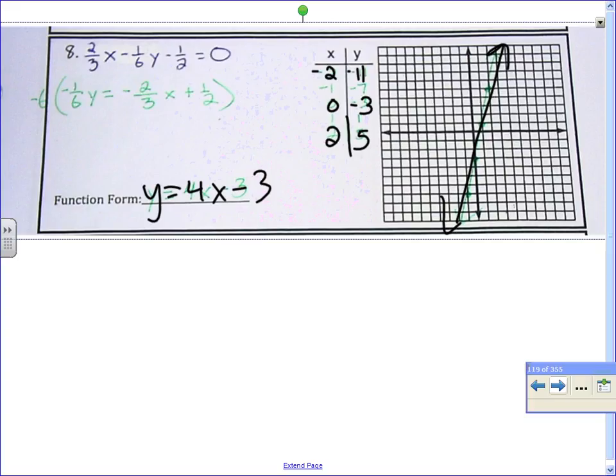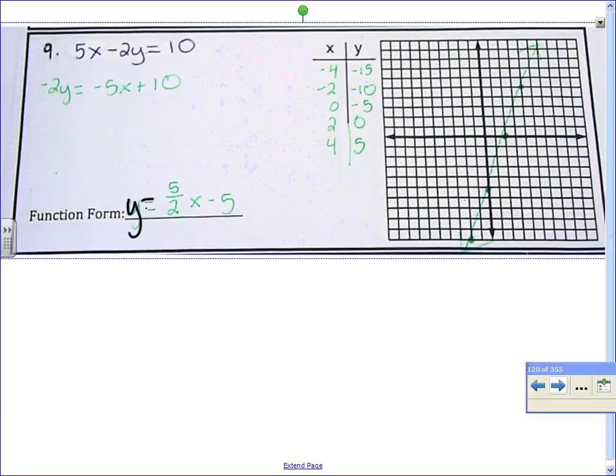Okay, I would keep it as 5 over 2x minus 5, just because remember, this should be a fraction. This should be a nice number or a decimal. Justin, what about your table values? Good job. Annalise?